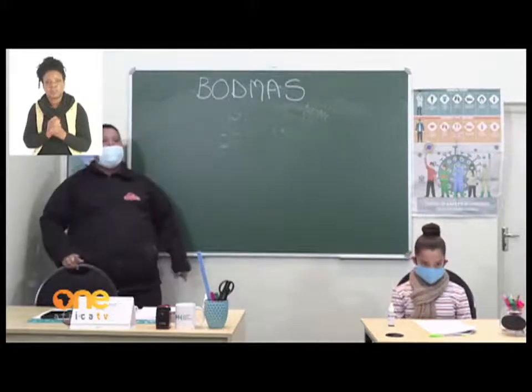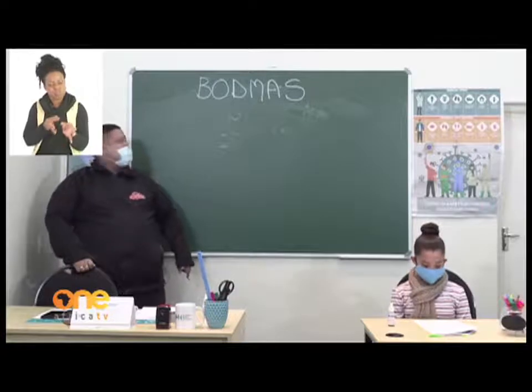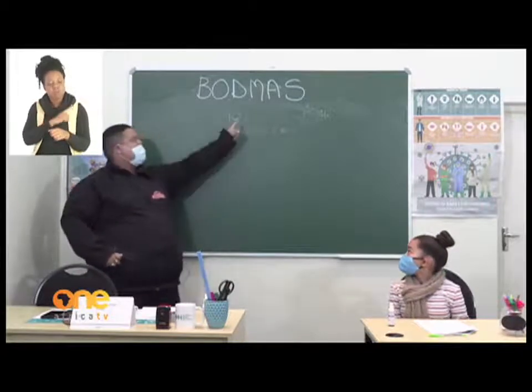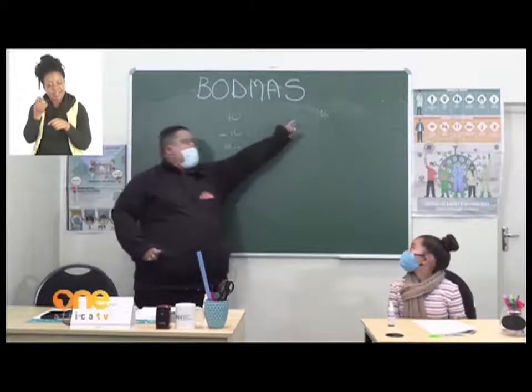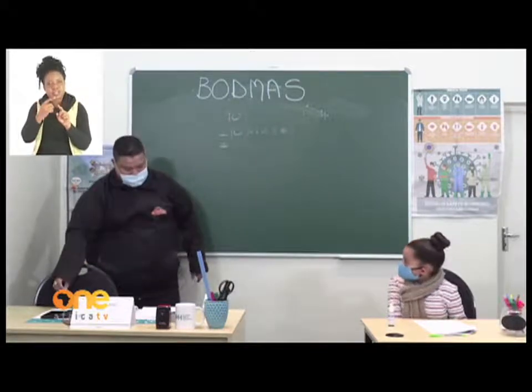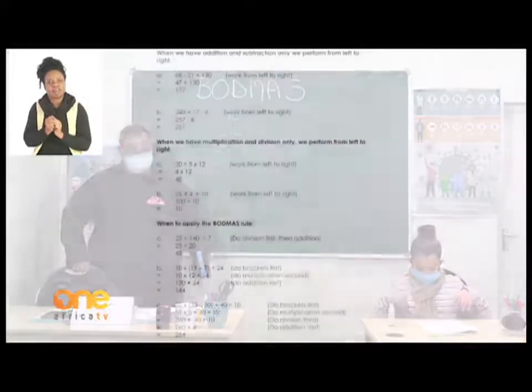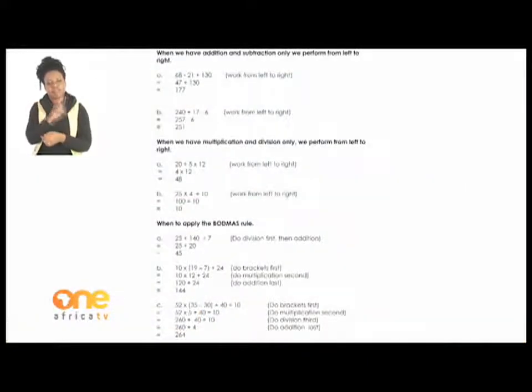That was now a really nice BODMAS sum. Why? Because we had a bracket, we had a multiplication, and we had an addition sum. Let's go back to page 11, and then we try the last example together.